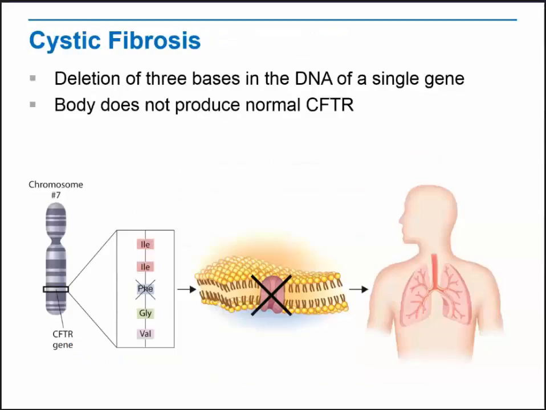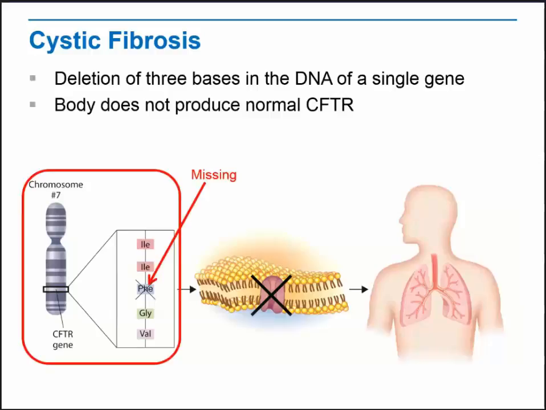Another disorder caused by individual genes is cystic fibrosis. The most common allele that causes cystic fibrosis is missing 3 DNA bases. As a result, the amino acid phenylalanine is missing from the CFTR protein. The normal CFTR is a chloride ion channel in a cell membrane.